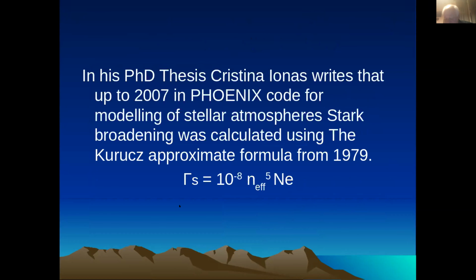So in order to study such objects, we need Stark broadening data, very often for a large number of spectral lines. For example, Patrick Dufour, in order to analyze a new type of white dwarfs with carbon atmosphere, asked us for Stark broadening data for 1,600 lines.